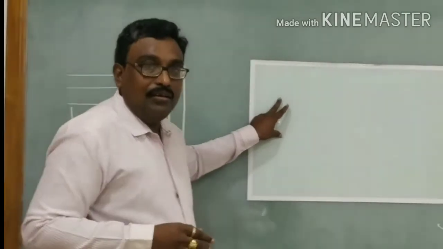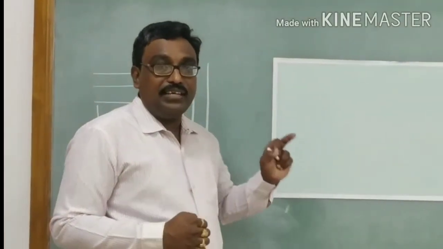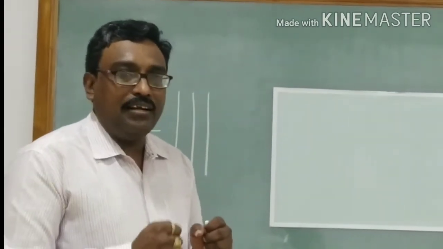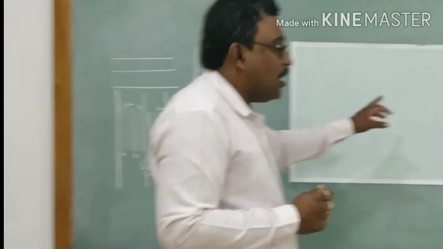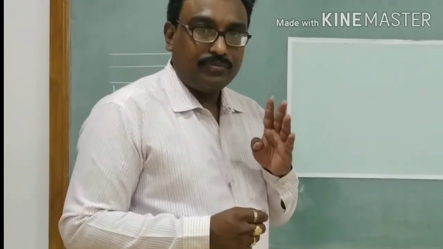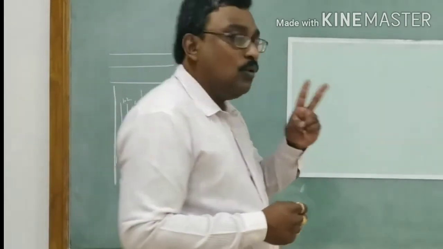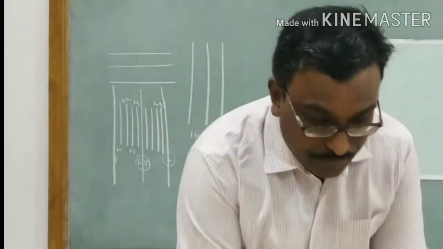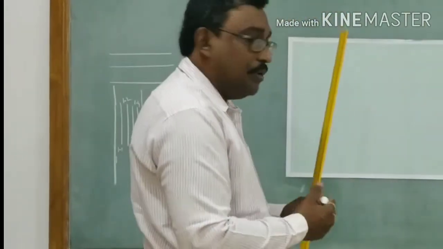So this graph plane is named the Cartesian plane or coordinate plane. Now this coordinate plane is divided into 4 quadrants by drawing 2 lines which are perpendicular to each other. Okay, perpendicular to each other.